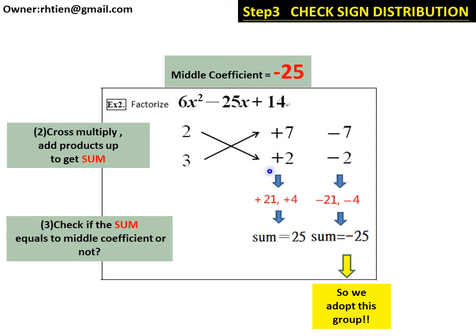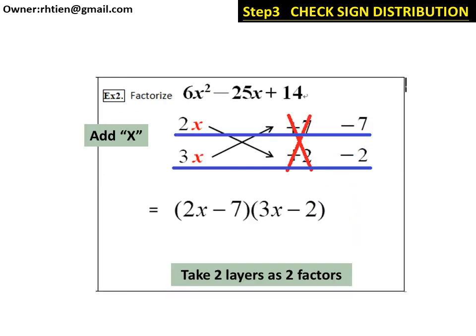So we rule this group out, and the second group, 2 times negative 2, we get negative 4. 3 times negative 7, we get negative 21. The sum is negative 25. Okay, it is the middle coefficient, so we adopt this group. Then all we need to do is add x on the leading coefficients, 2x and 3x, and we have 2 underlined, so we get the first vector, 2x minus 7, and 3x minus 2.